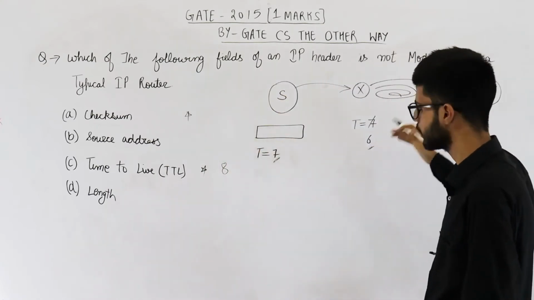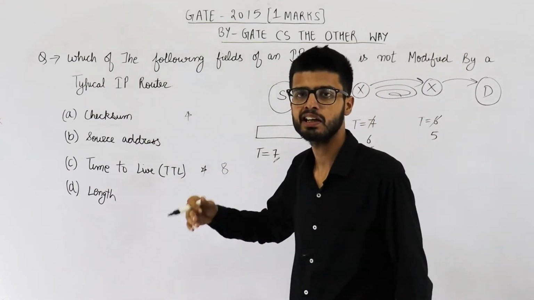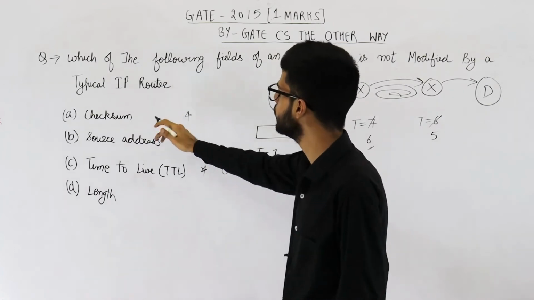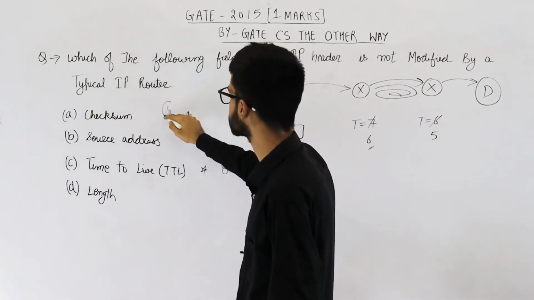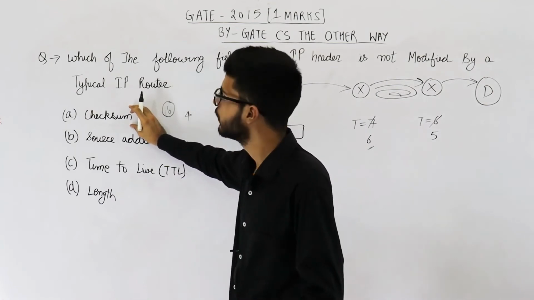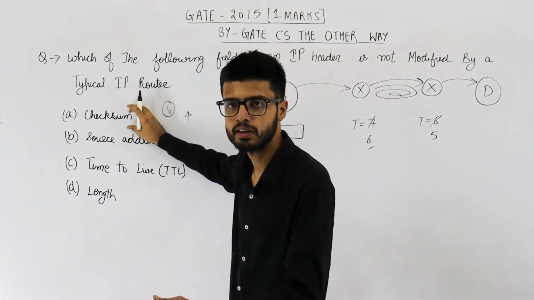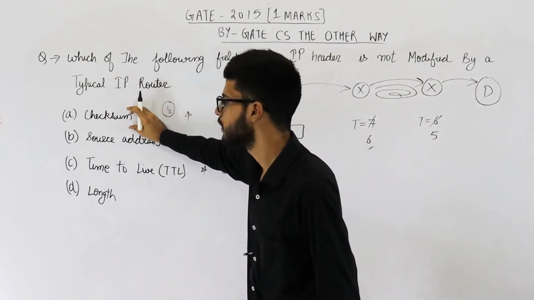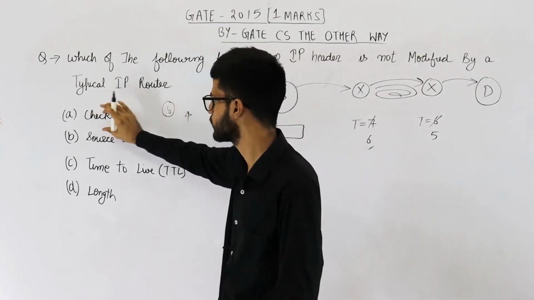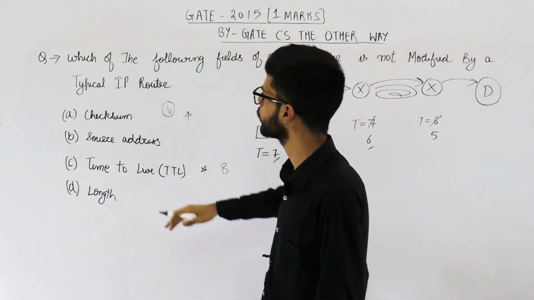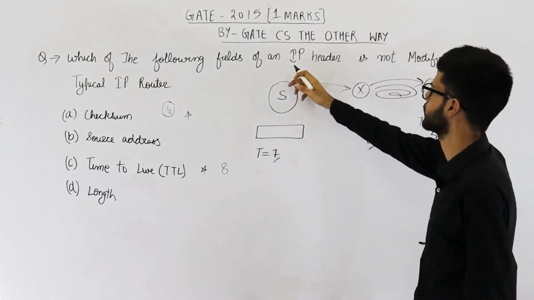Even if some router makes that value of TTL equal to 1, still that 1 will be saved in 8 bits. Parallelly, checksum will always occupy 16 bits only. This checksum is present in the header. Actually, checksum is calculated only for IP header. The full name of this field is header checksum. They are only saying checksum, but you can easily interpret it as header checksum because the question is about network layer. It is an IP header.